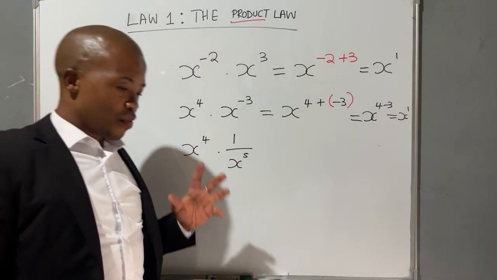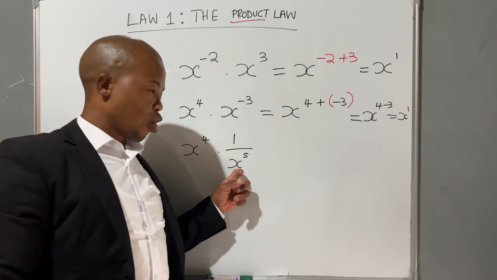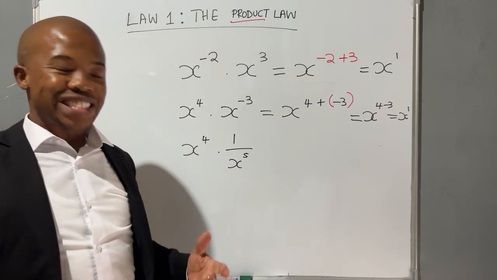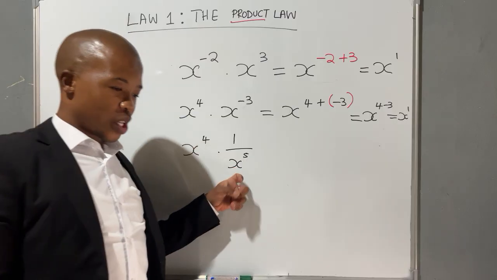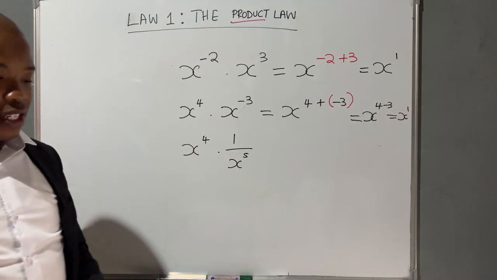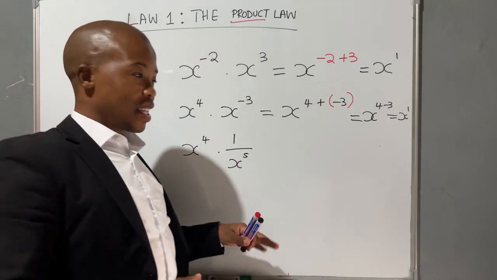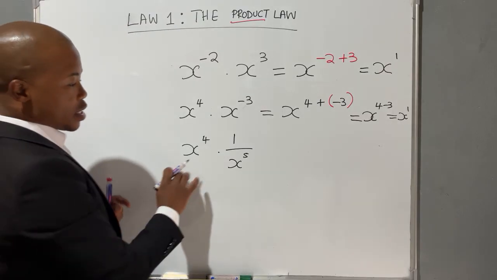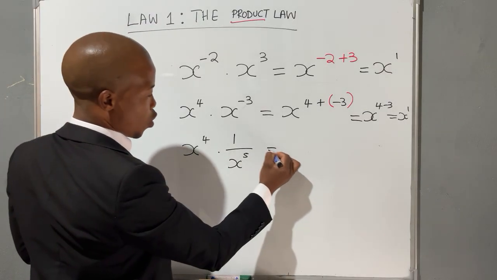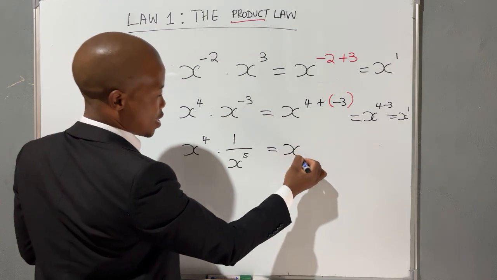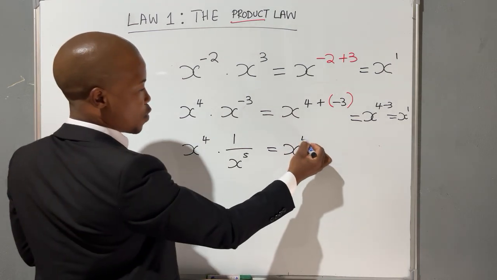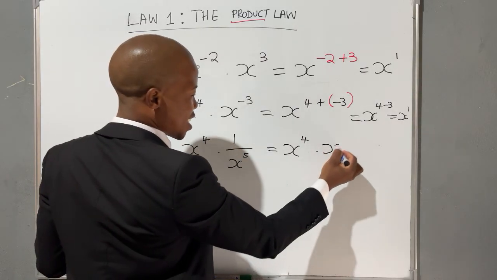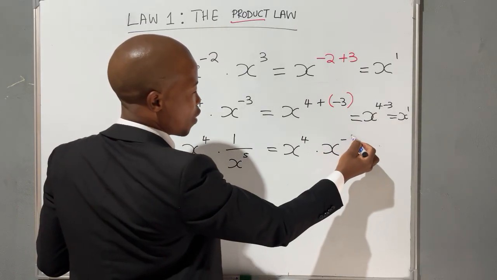Some of you call this a law, but this is actually an identity, of which this question we're going to look at. Right now I can solve it, but I'm going to explain it as we are progressing, right? Something like this, you can say equals x to the exponent 4, multiplied by x to the exponent negative 5.